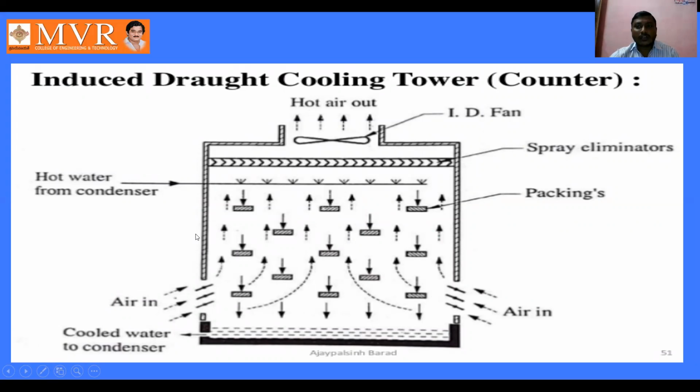What I have said is that in the forced draft cooling system, we place the fan at the bottom of the cooling tower. But for the induced draft cooling tower, we place the fan at the topmost position of the cooling tower. The procedure is the same as that of natural draft as well as forced draft.